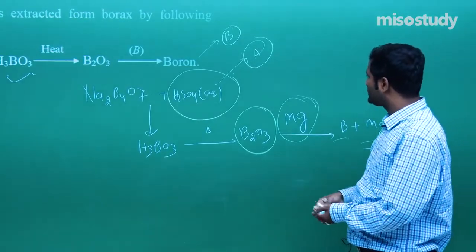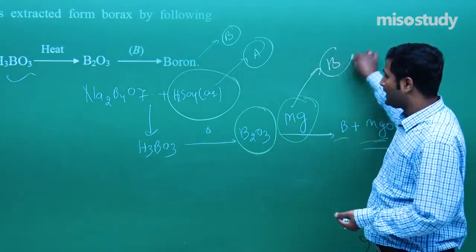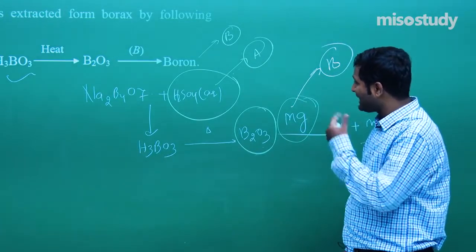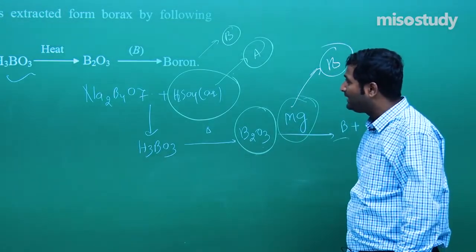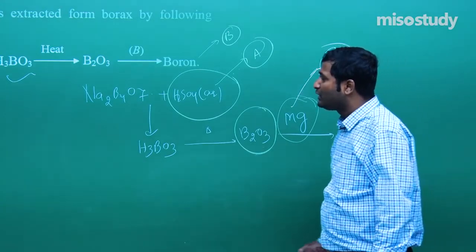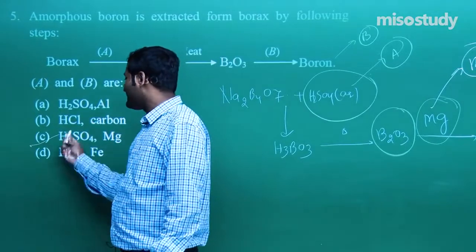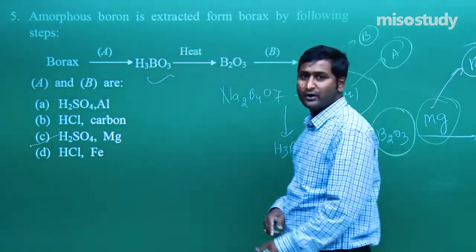Clear? So this one is A and this one is B. In this case the option is A is aqueous H2SO4 and B is Mg. So for question number 5, C is the correct option. Is it okay to you?